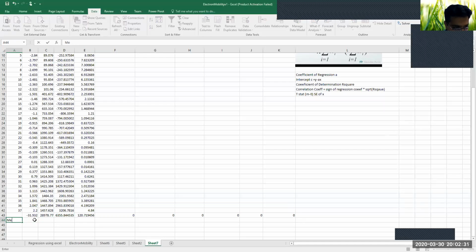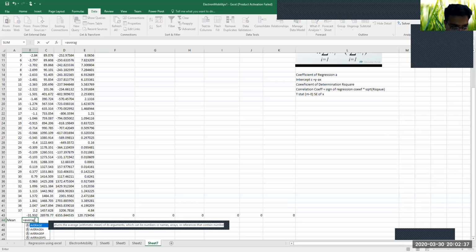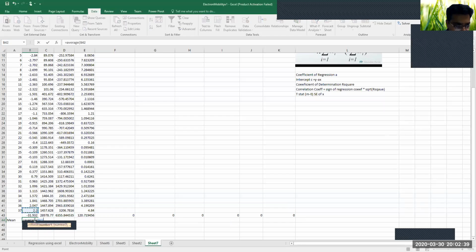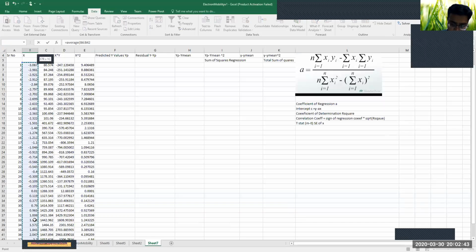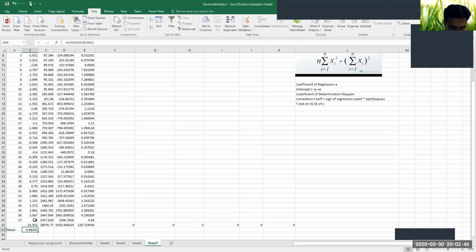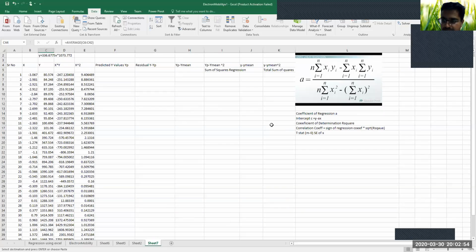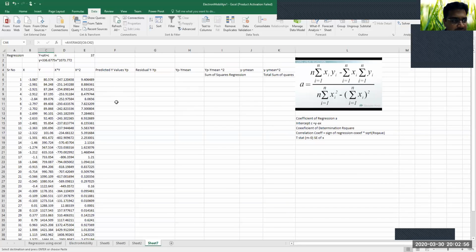So this is mean x, so it's equal to average. We'll also calculate average of y. We've got all the terms, so we'll calculate now a. So number of terms are 37 here. So we'll put the regression formula.